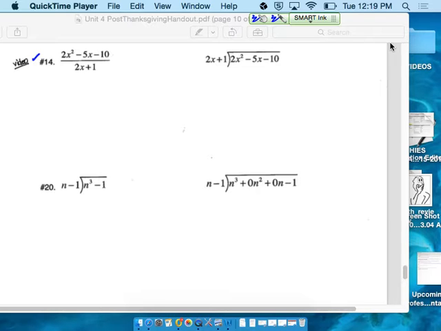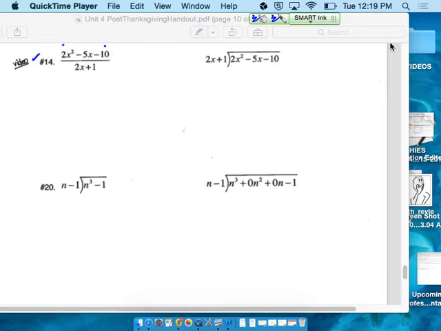And before I get started with this, let me just test something out here. 2 times -10 is -20. Are there any factors of -20 that would differ by 5? And there really aren't. So this is not factorable by means that we know. So the only way I can break this down is to use a long division tool.